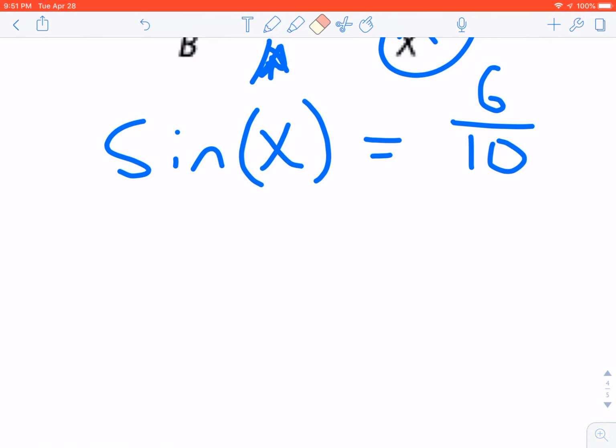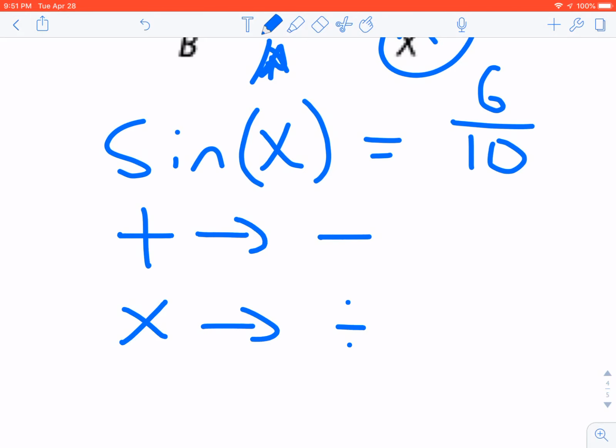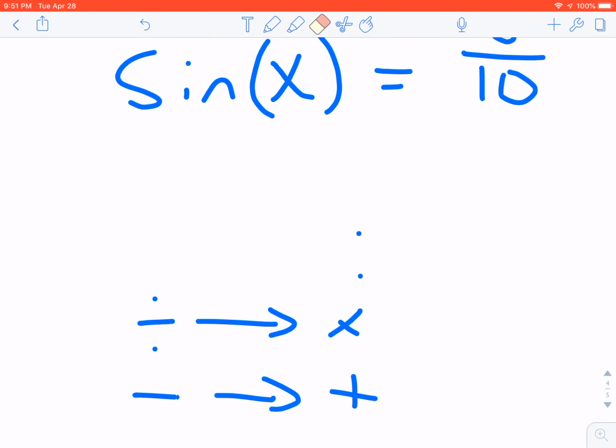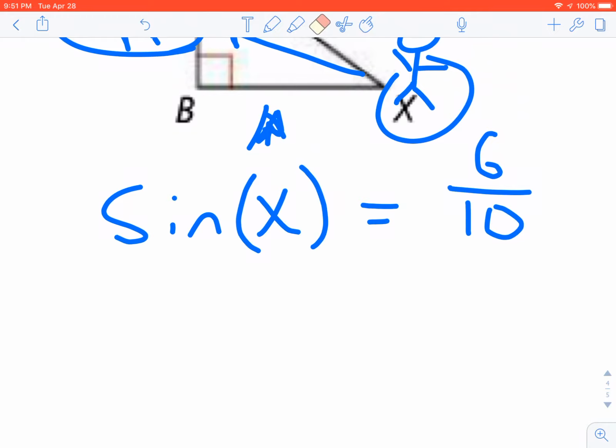Just like if you're doing addition, the inverse of that is subtraction. When you're doing multiplication, the inverse of that is division, right? And if you have division, the inverse of that is multiplication, and subtraction's inverse is addition. Operations undo each other. Every operation has an inverse. These trig functions operate the exact same way.